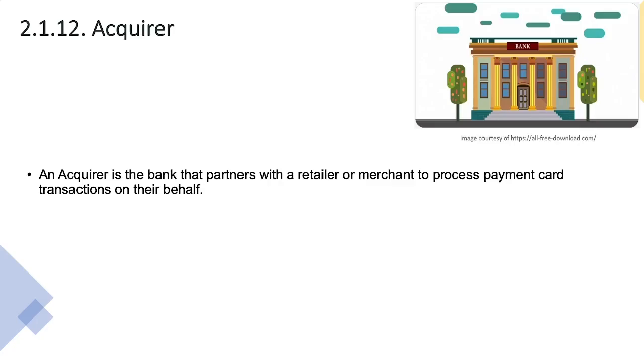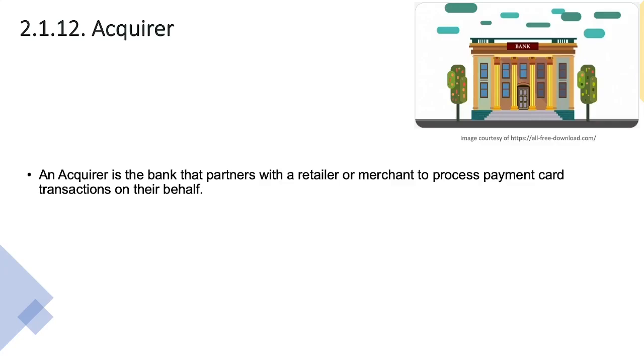They are not a bank, they are not a financial institution, so they don't have the technical know-how or the infrastructure to be routing transactions between banks and between switches. So what happens is your merchant would contract with a bank. For example, they go to Bank ABC and say, hey, look, Bank ABC, I'm signing a contract with you. I'm opening up a bank account in my shop's name, and I want you to be the acquirer.